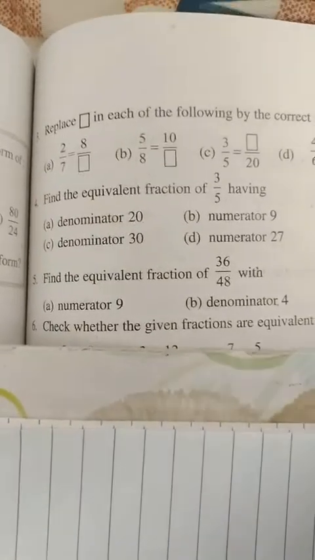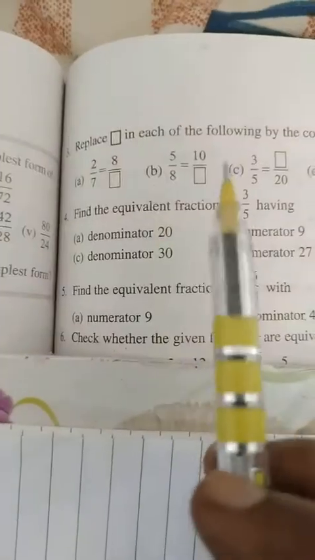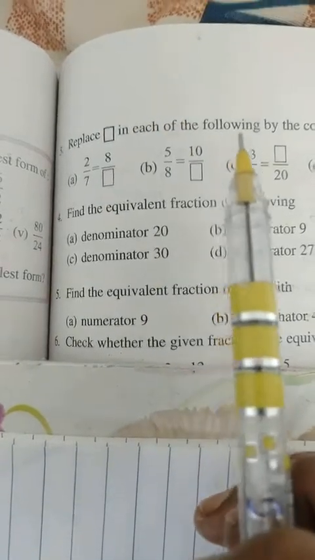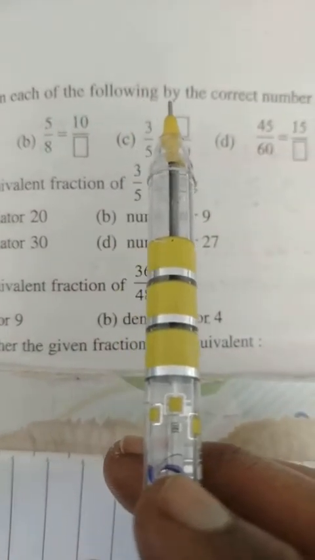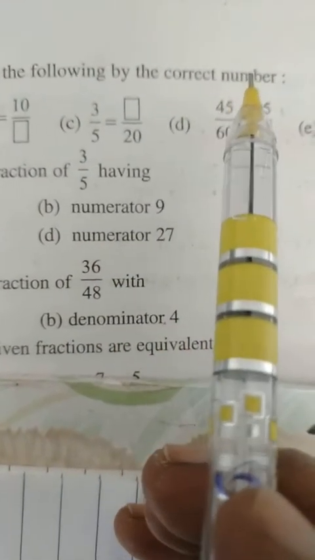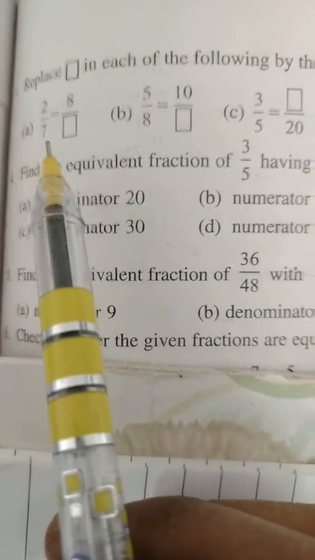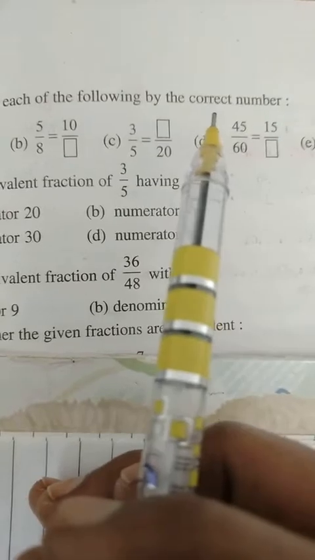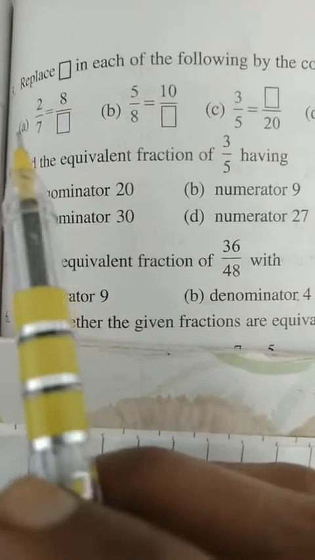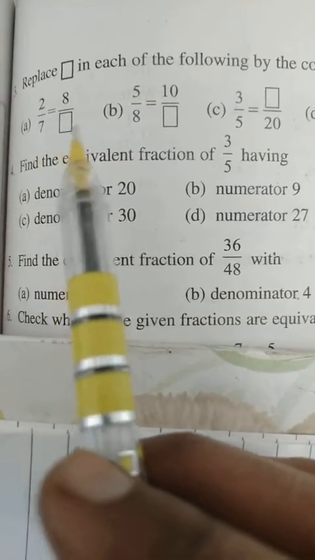Hi children, today exercise 7.3, third main: replace the box in each of the following by the correct number. Okay, see here, first you have to replace that box with the correct number.